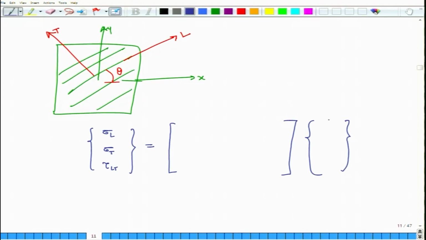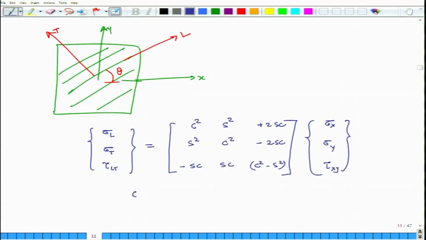So, this is equal to a 3 by 3 matrix multiplied by this stress vector sigma x, sigma y and tau xy, and the elements of this matrix are c square, s square, plus 2 s c, s square, c square minus 2 s c, then I have s c, s c and c square minus s square.